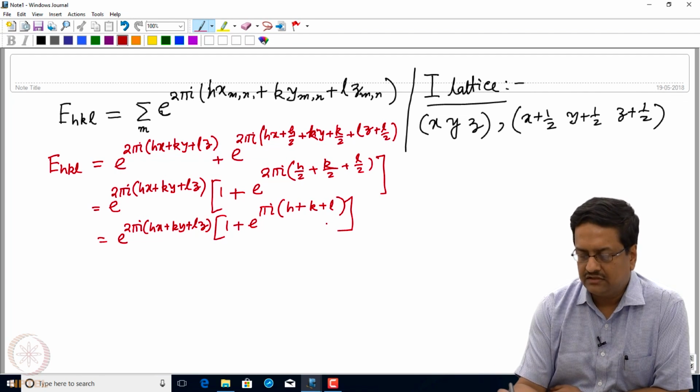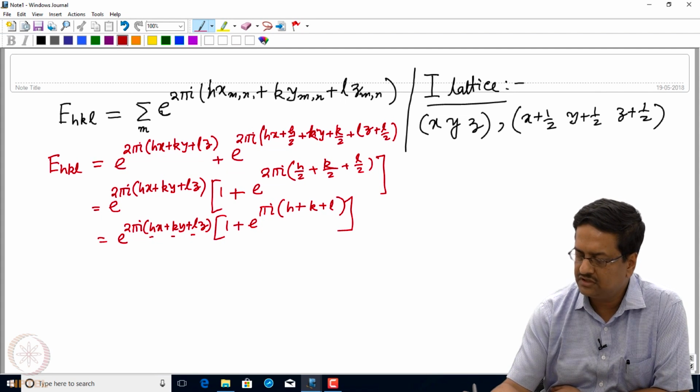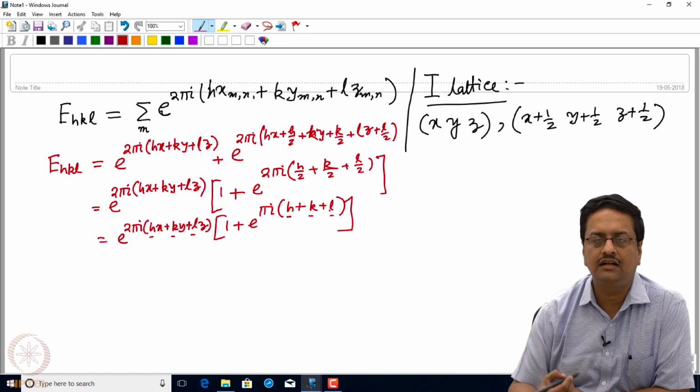Now here you see that the first term contains all three h, k and l, and the exponential here also has terms h, k and l.